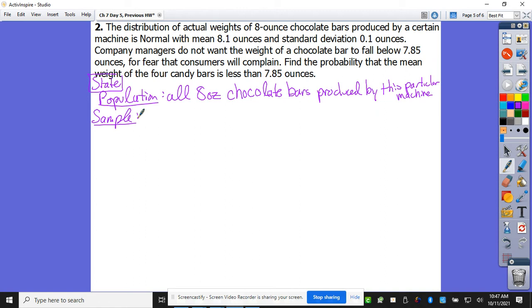It's the ones that were selected. And I don't like that they switch back and forth between chocolate and candy. You wouldn't technically have to write it, but I would probably write it from this particular machine.